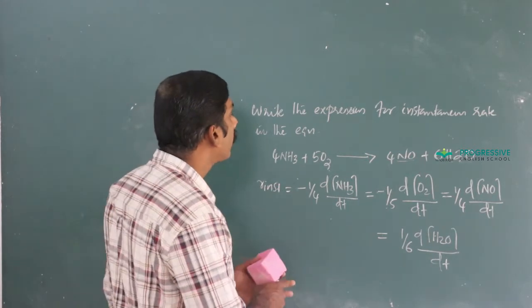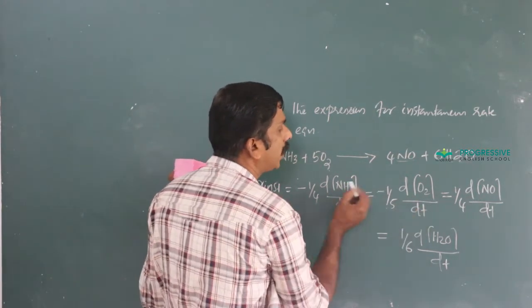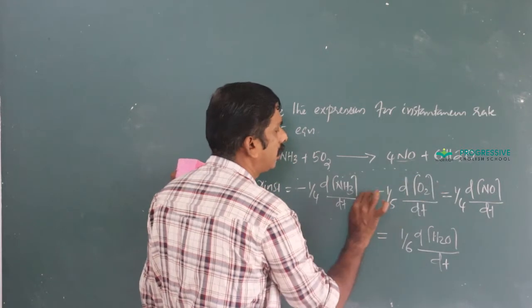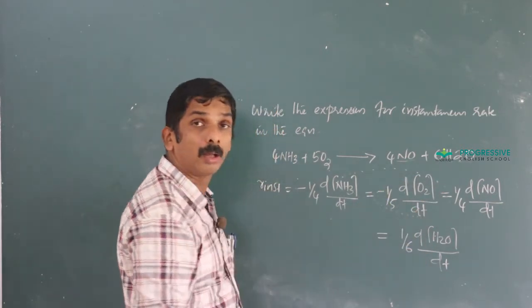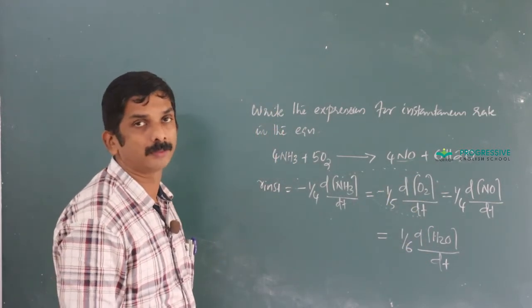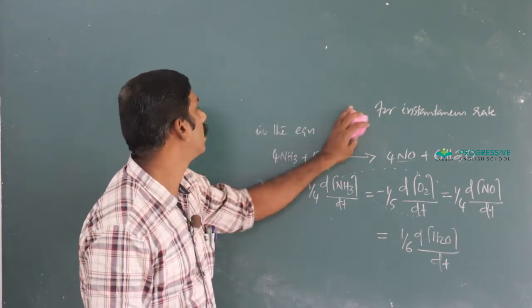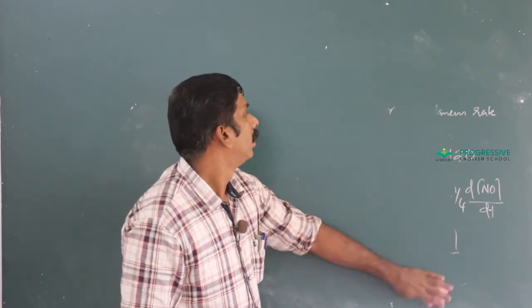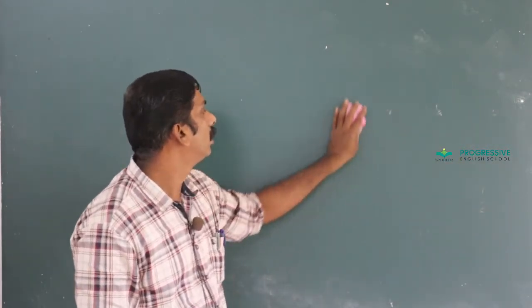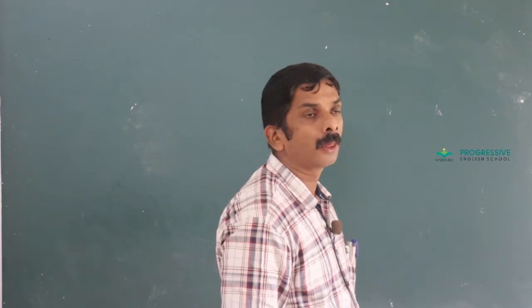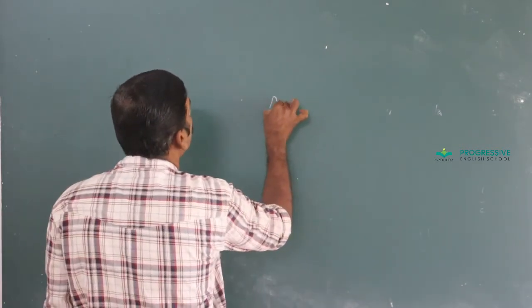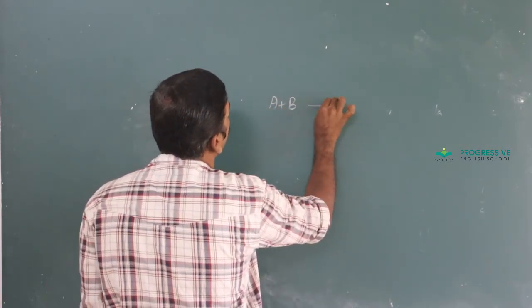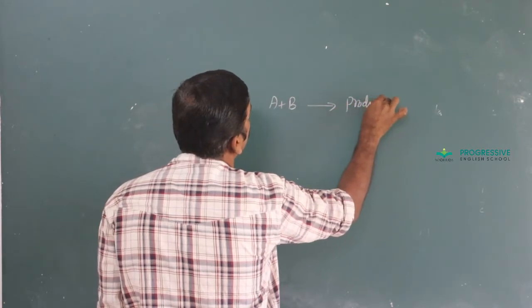And if the disappearance or formation rates are given, then you can relate the things given in that question. Okay, that's about how to write the expression for instantaneous rate. And consider a reaction A plus B gives product.